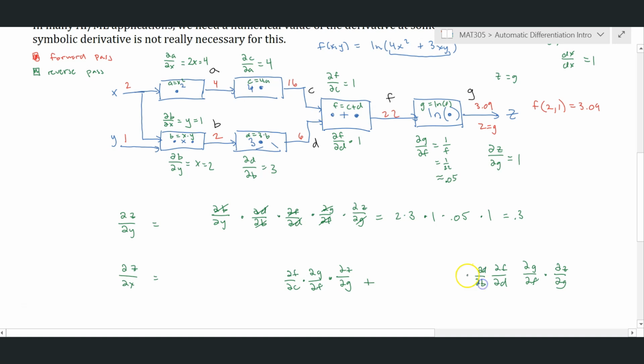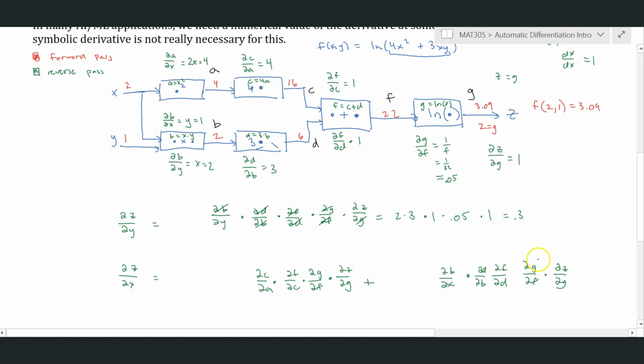All right, so the downward route, we have df dd times dd db. And here for that same derivative, we'll have dc dA. And then we move back. So for the bottom route, we'll have dB dx now, right? Because we want to work our way back up here, dB dx.